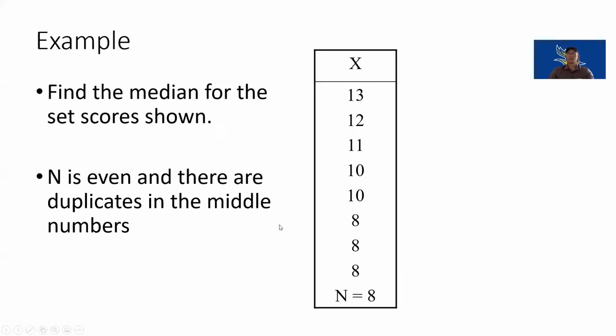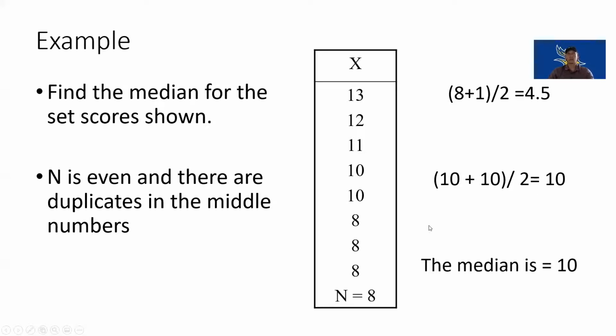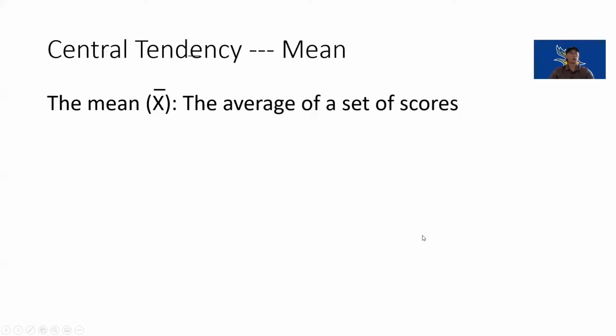So here's another example. 8 plus 1 divided by 2 gives us 4.5. 1, 2, 3, 4. What's in between those two scores? The average of 10 and 10 gives us 10. So the median is 10.